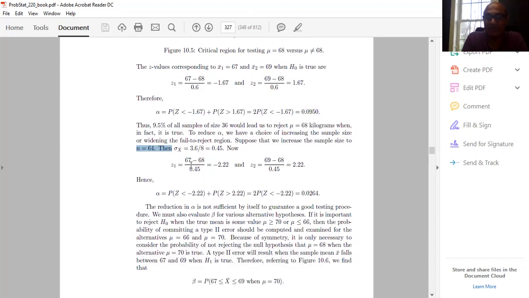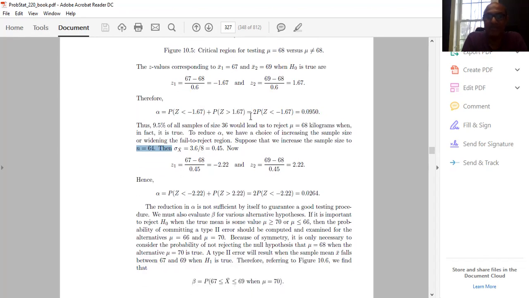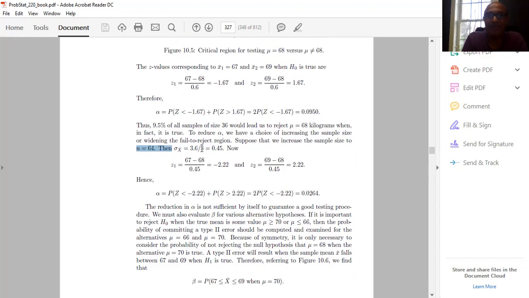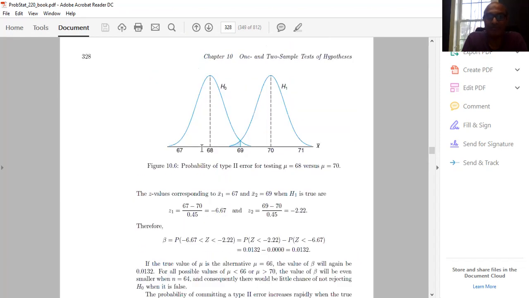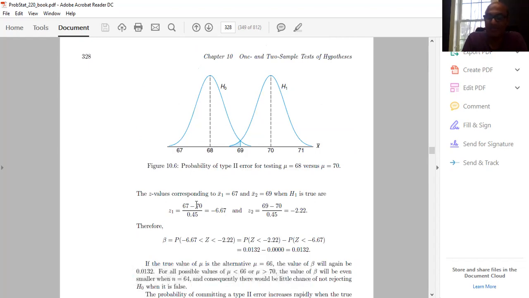Within the range of 67 to 69, but my mean value, I would like to take it over here. So my mean value is now 70. This remains 67, this remains 69, just like the previous case, but the mean value has changed.